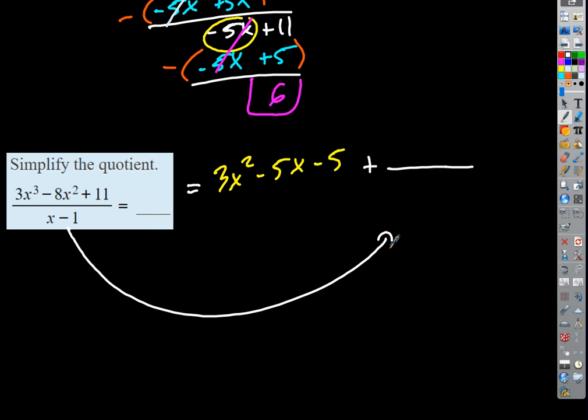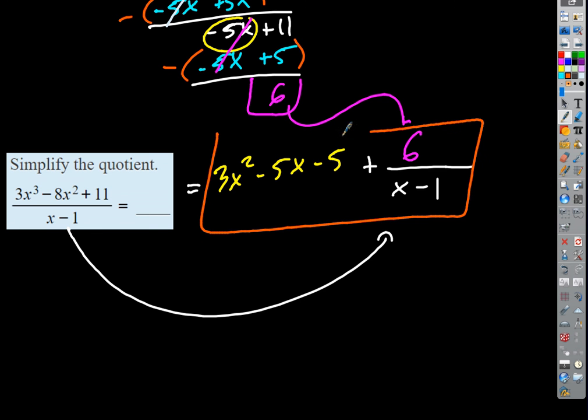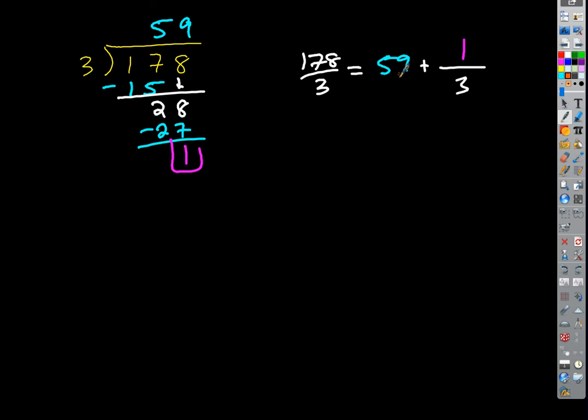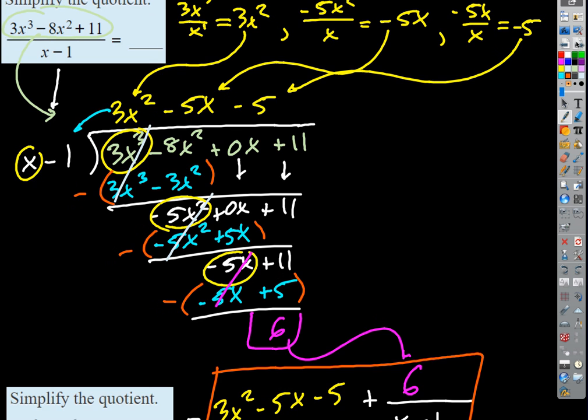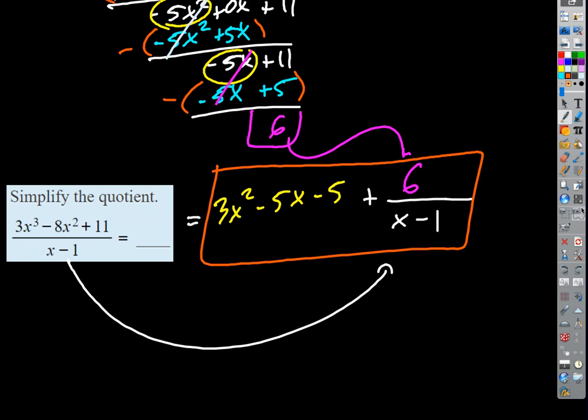My denominator is x minus 1. What remains over the denominator? 6. Okay, so that is our answer. Compare that to what we got when we did regular long division. We got an integer plus a fraction, something remained over the denominator. When we divide polynomials, we get a polynomial plus something remains over the denominator, right?